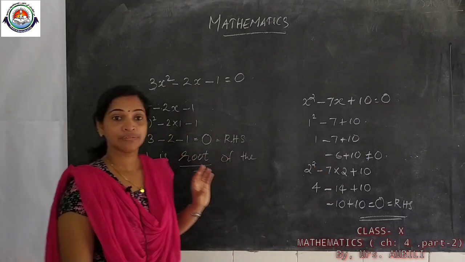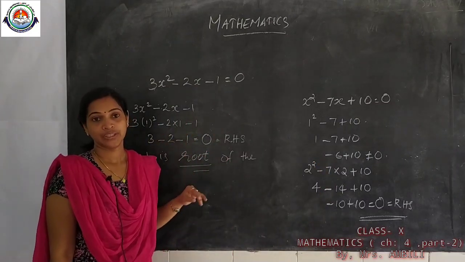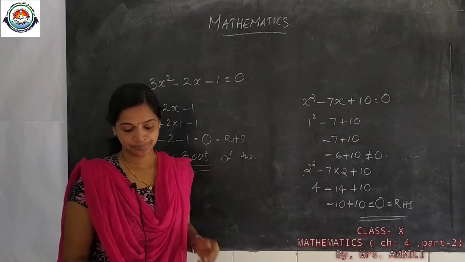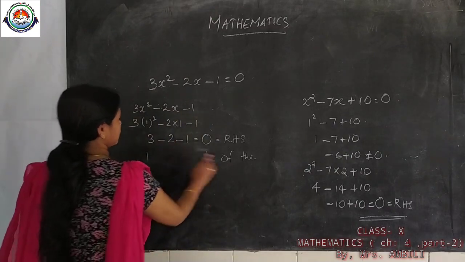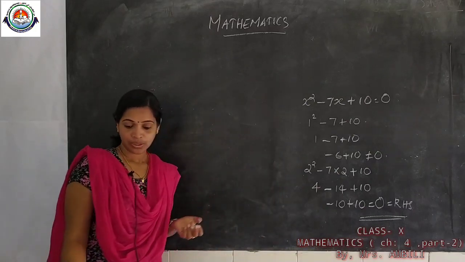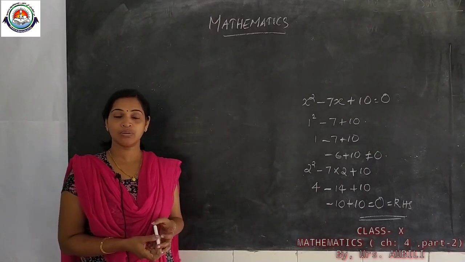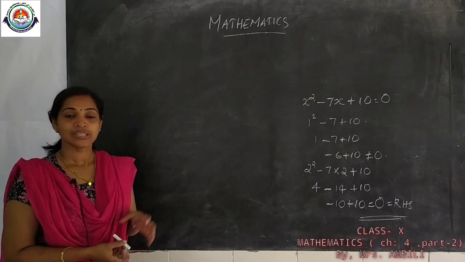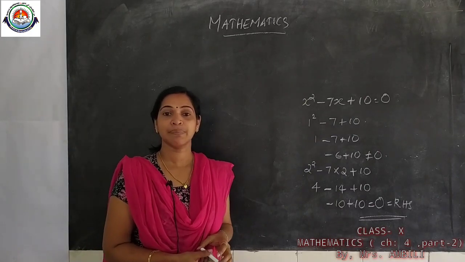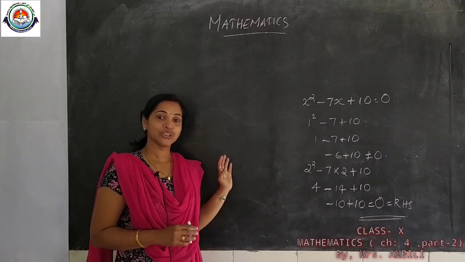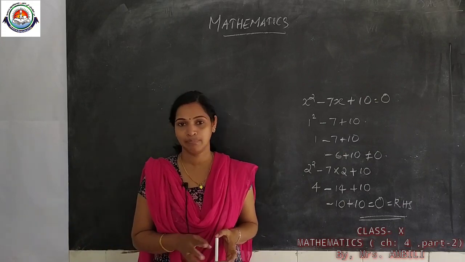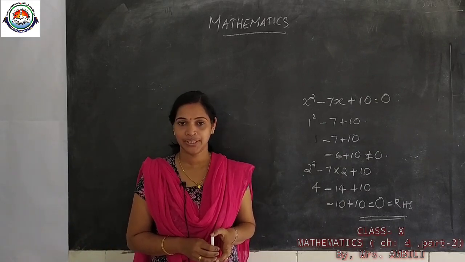The value of the variable satisfying the given equation is known as a root of the given equation. In polynomials you studied about zeros of the polynomial. Actually the zeros of the quadratic polynomial ax square plus bx plus c and the roots of the quadratic equation ax square plus bx plus c equal to 0 are the same.